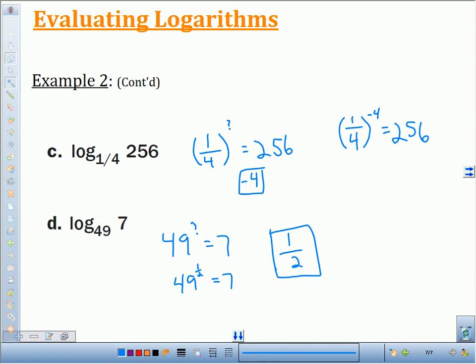So we can evaluate a lot of logarithms. Now, I know I sort of went through these kind of quick, and that's okay. I'm used to these numbers. If you're not used to these numbers, they can get kind of tricky. But using the calculator and a little bit of trial and error, it is possible to come up with all of these answers. And of course, the more of these that you do, the better you get at it, and the quicker it will go.